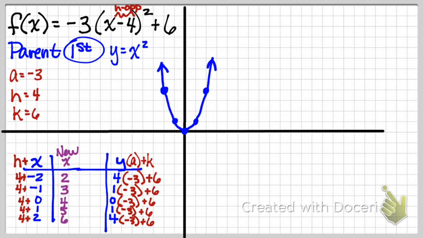What is 4 times negative 3? Negative 12. Negative 12 plus 6. Negative 6. So there's a point that I can plot for my transformation. Positive 2, negative 6. 1, 2, 3, 4, 5, 6, right here.